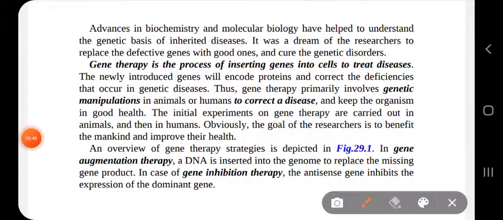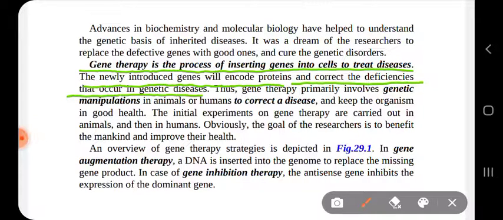Here in the notes, it is given that gene therapy is the process of inserting a gene into the cell to treat disease, right? The newly introduced genes will encode normal proteins and will try to correct the deficiency that occurs within the genetic disease.